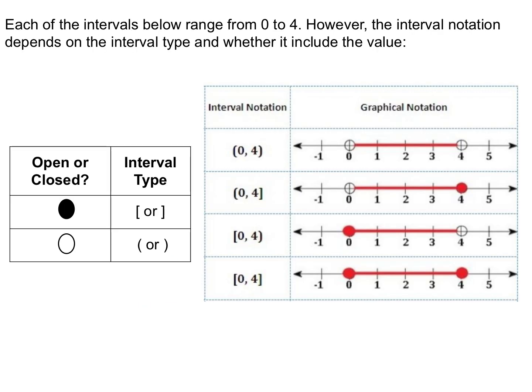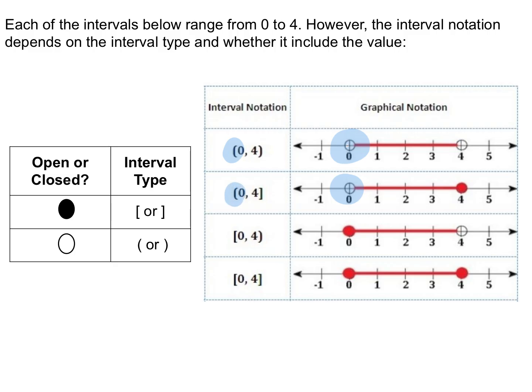If we look at each of these examples, it further reiterates that for each of these 4 examples here, they all include all the numbers from 0 to 4. However, what changes is the bracket types that we use. So for example, in the first one, we have an open circle to start it, hence why we use a parentheses.